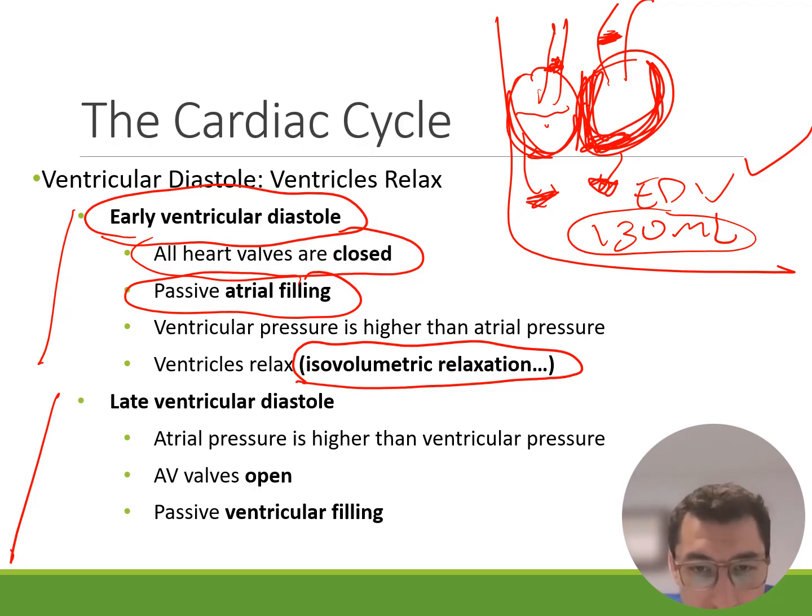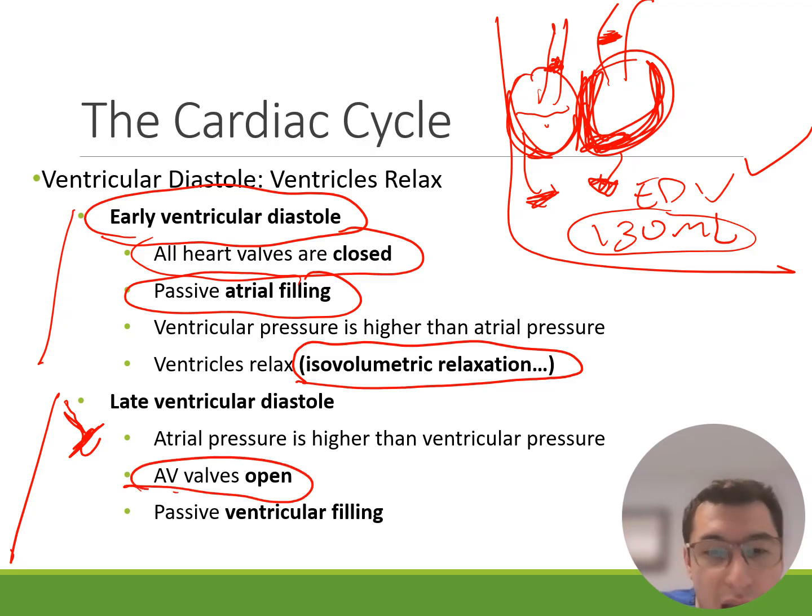Now, as soon as we finish isovolumetric relaxation and the pressure within those ventricles has fallen enough, leading to the opening of the atrioventricular valves, we go to the late ventricular diastole. Now the AV valves are open, and the ventricles will start to fill passively.